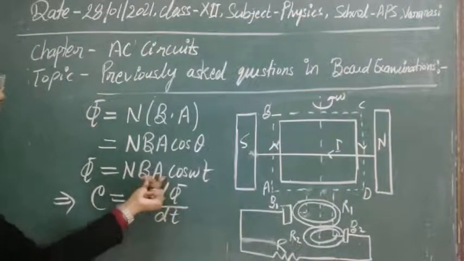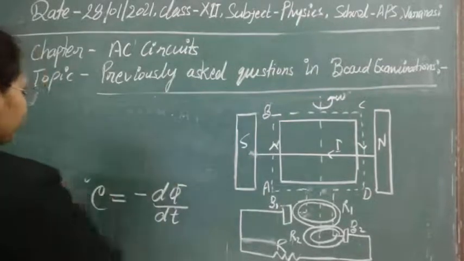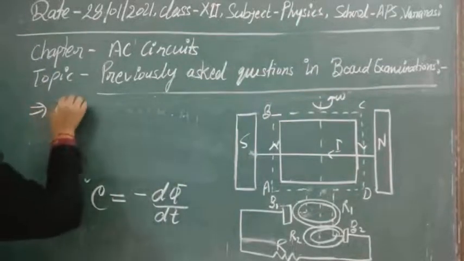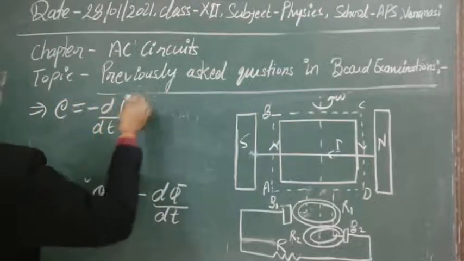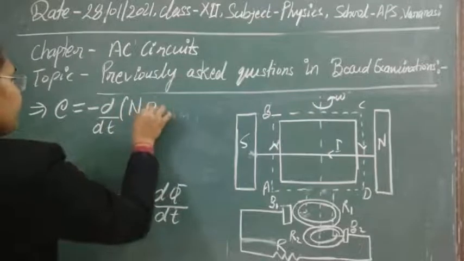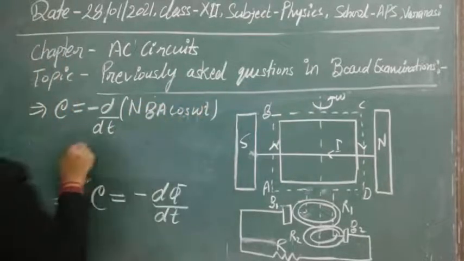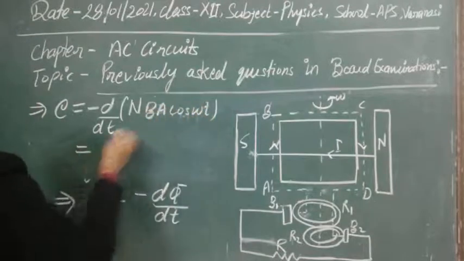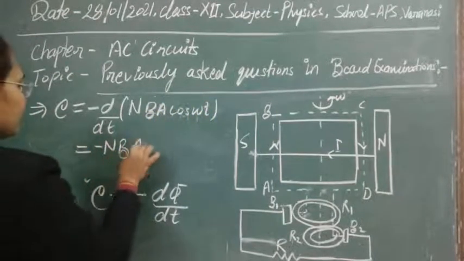Now just put the value of phi here. So E is equal to minus d/dt of NBA cos omega t, and if we solve it, we will get minus NBA.